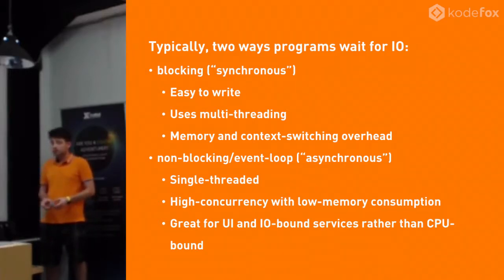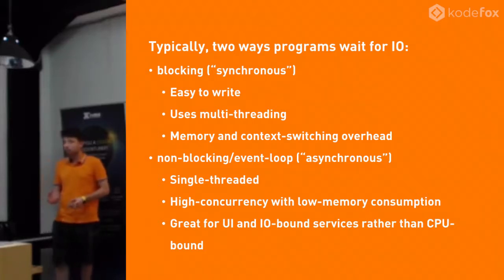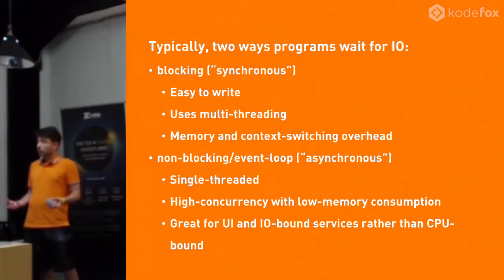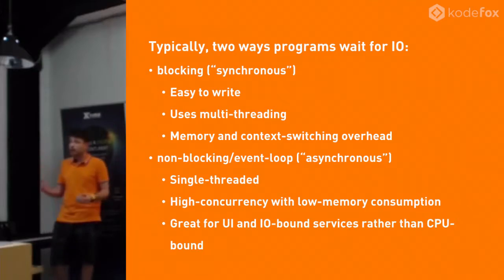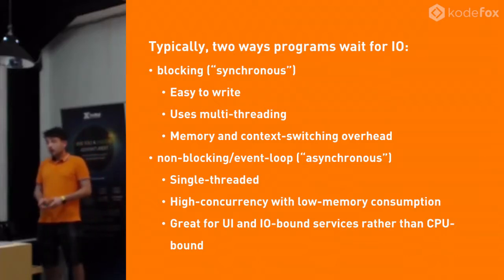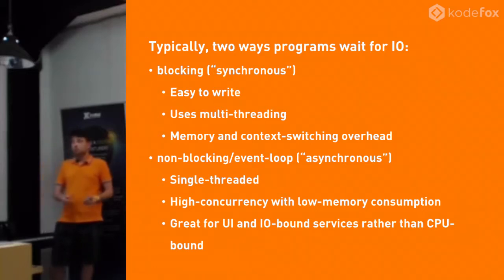In order for that to work, we need multi-threading, because if we stop one thread, we need another thread to continue to serve user requests. It's easy to write because you write everything sequentially. However, there's a memory overhead, because every thread requires memory, and there's context switching when the CPU switches between the threads.